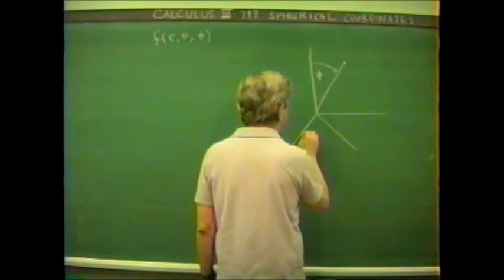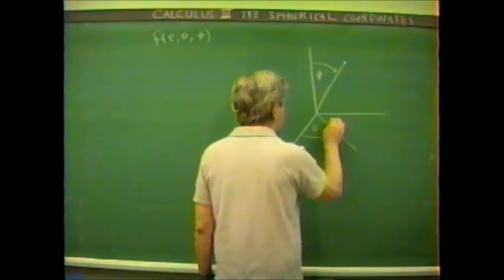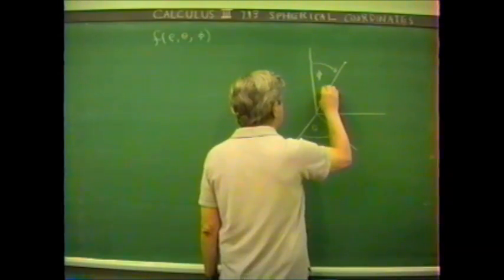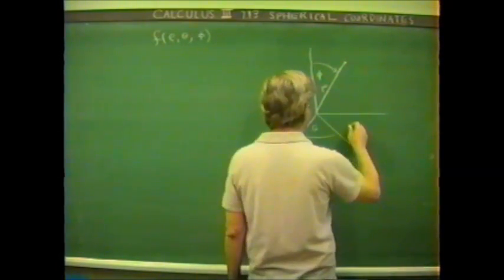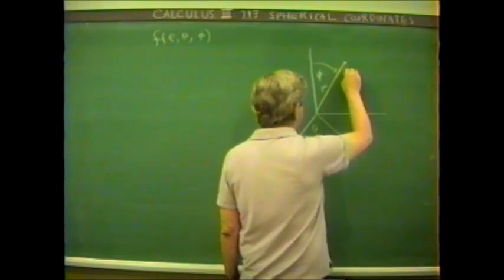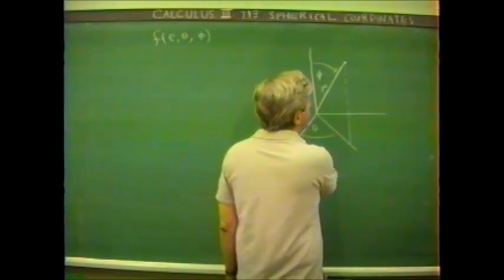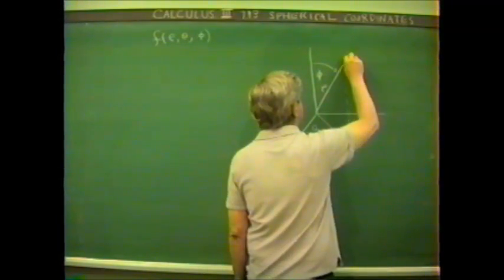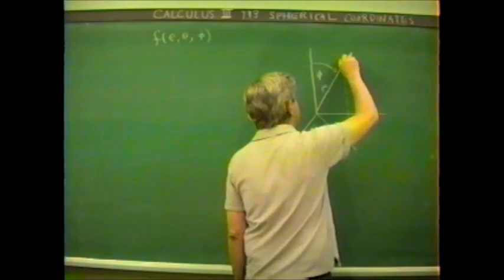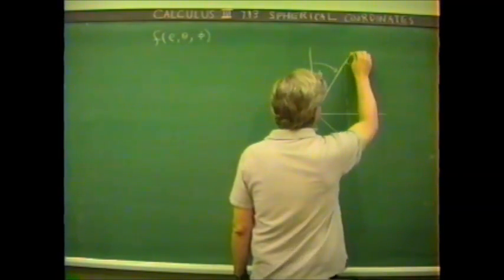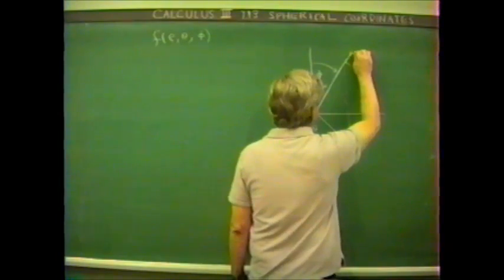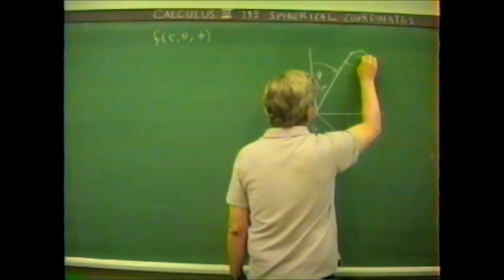The angle theta is over here, and rho is this length right here. Now, what we end up with in spherical coordinates is a small element in the rho direction, an element in the phi direction, and an element in the theta direction. So you end up with something that looks like this for an element of volume.